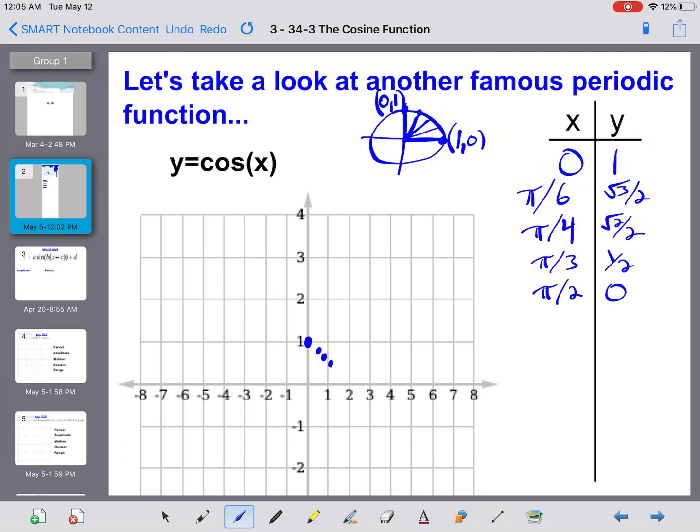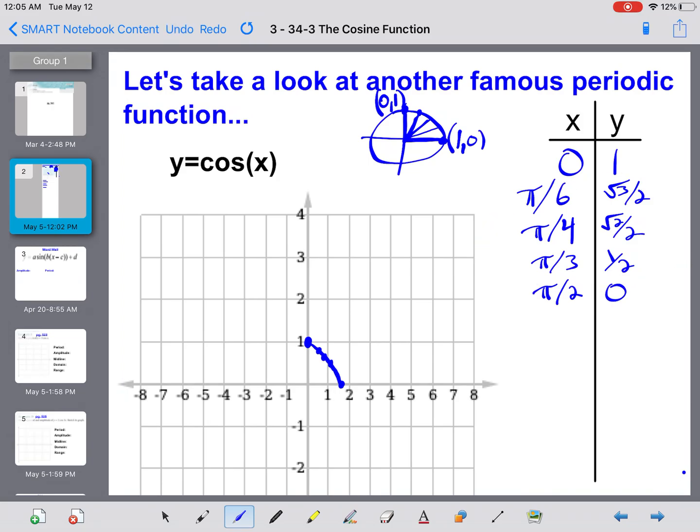All right? And then pi divided by 2, which is 1.6 or so, we're finally down here at 0. So here is the start of the cosine curve. It's going to look very similar to the start of the sine curve. All right. So we got a curve.